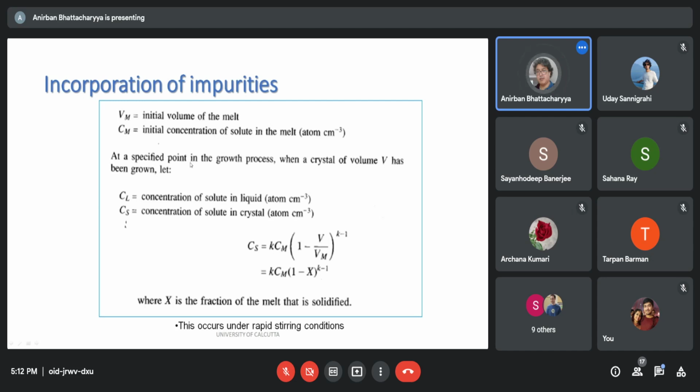At a specified point in the growth process, when a crystal of volume V has been grown, Cl is the concentration of solute in the liquid, Cs is the concentration of solute in the crystal, then Cs is given by this particular formula, where K is the segregation coefficient. So this is the formula that comes from what we just said. Can you tell me what happens if K is 1?